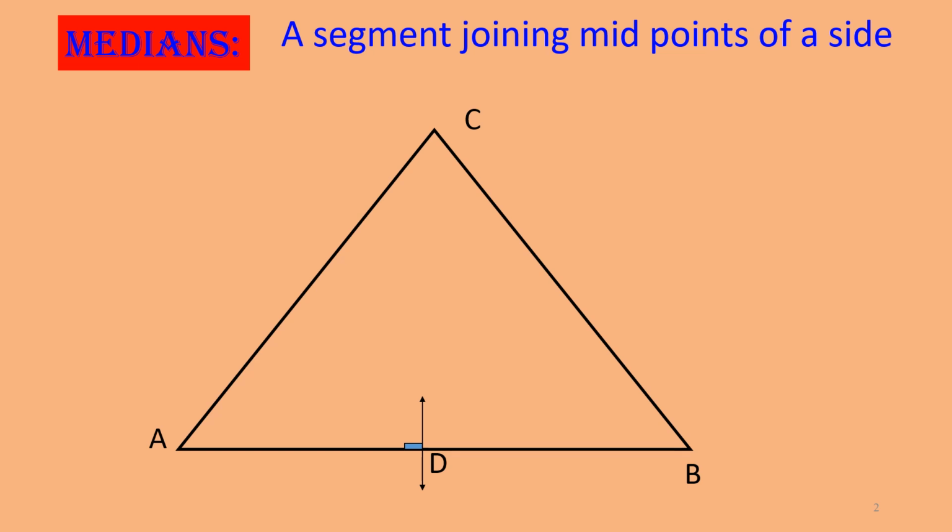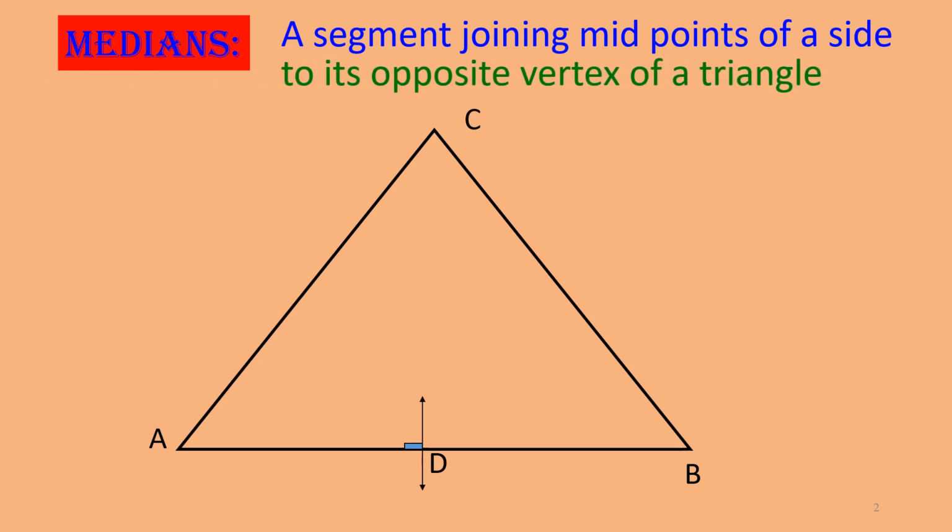Once I get point D as the midpoint of side AB, I can join it with the opposite vertex of the triangle. Which is the opposite vertex of side AB? That is C. So we are going to join here. So CD will be called a median. Similarly, we have CB.